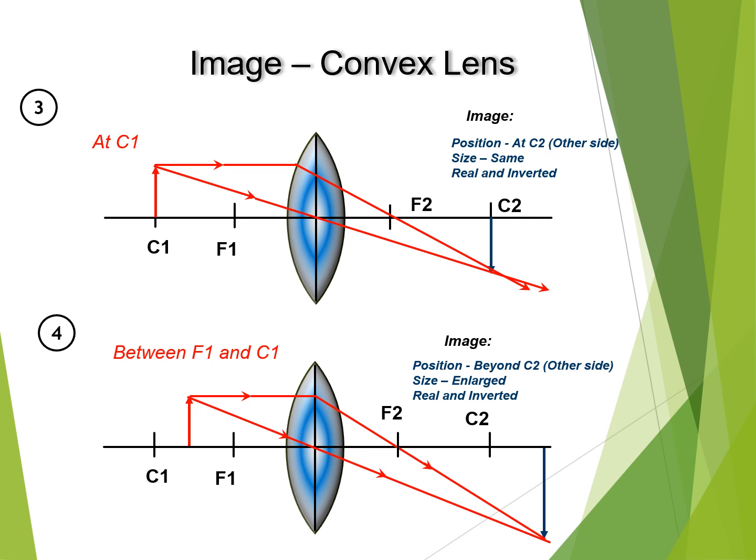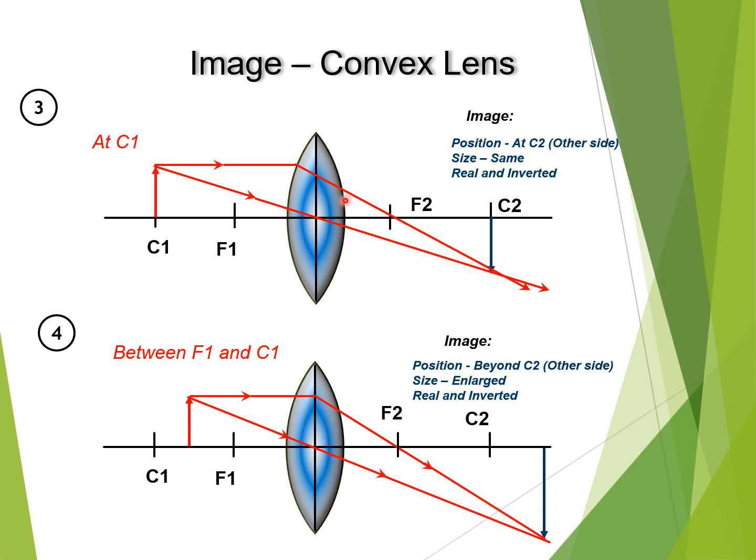We further move closer to the lens. Now we are at the center of curvature. If the object is placed at the center of curvature, again two incident rays, one parallel to the main axis, the second passing through the optical center. This shall be passing through the focus point and there will not be any deviation here. These two refracted rays shall be meeting below C2.